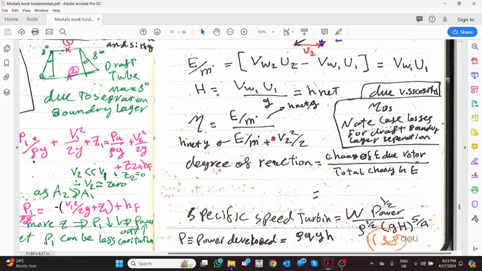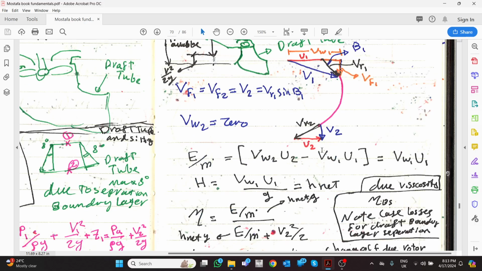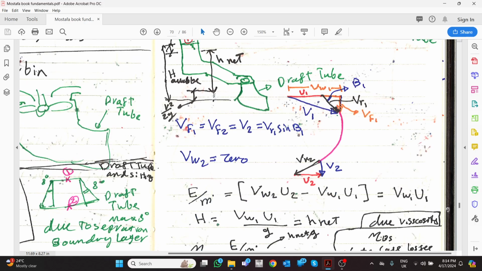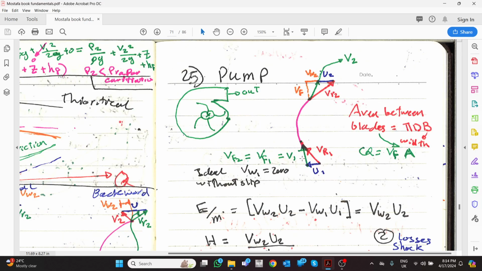An example, as we discussed in the Francis turbine, for example, we have this velocity. So a relative velocity, which is this one, in its x direction or rotation direction, plus u is equal to the x component, or rotation direction component, for v. Same concept.